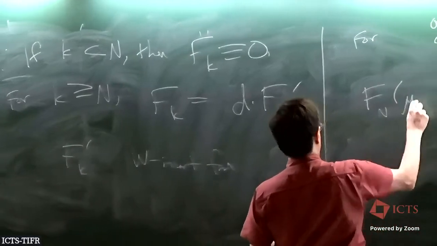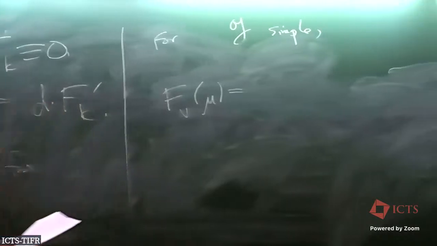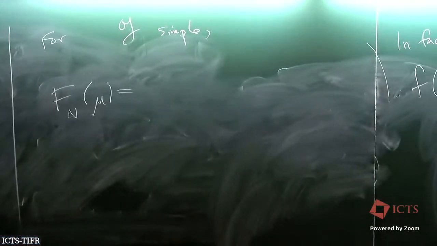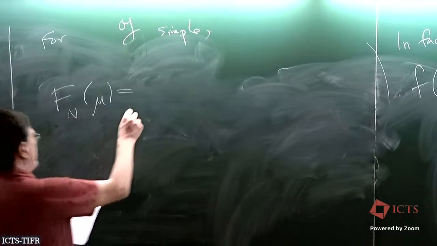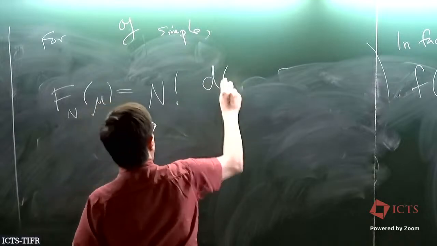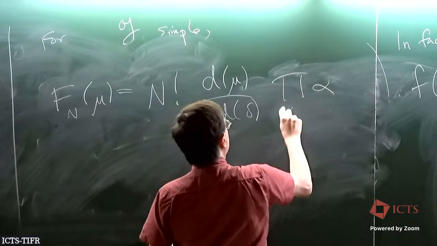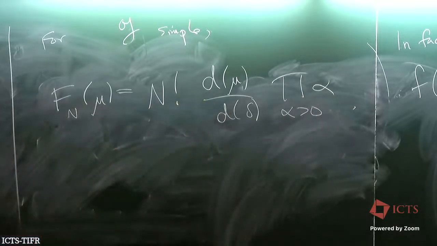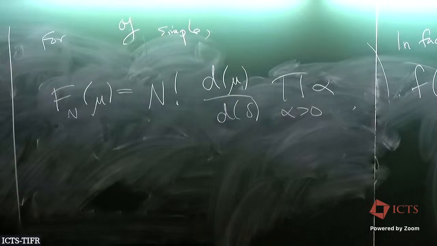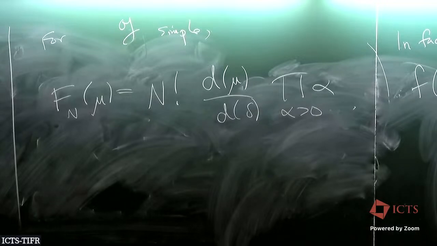Then fn of mu is going to be a constant multiple of d of mu, and it turns out to be n factorial, d of mu over d of delta, the product of all the roots. I just have a couple of minutes, so I'll just assert that you can prove the Weyl dimension formula from this. You can take these exponential generating functions, start the sum at k equals n, and compare things of degree n.